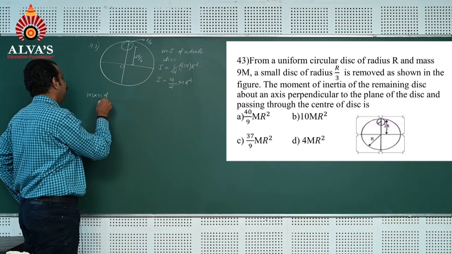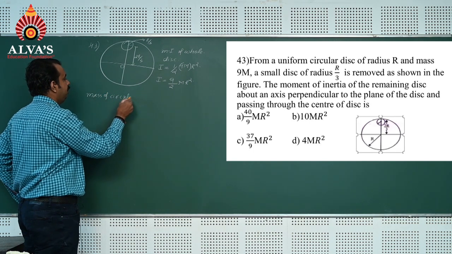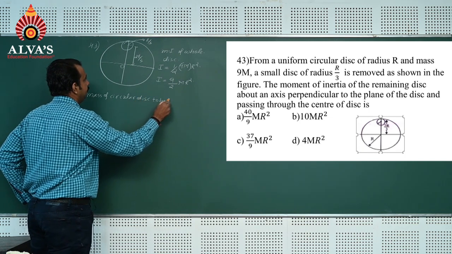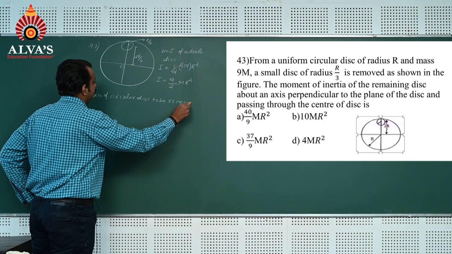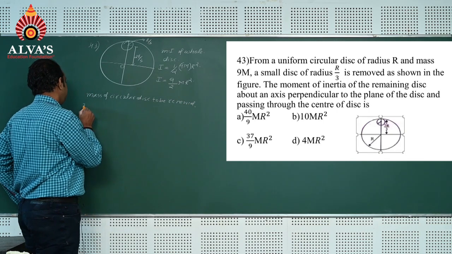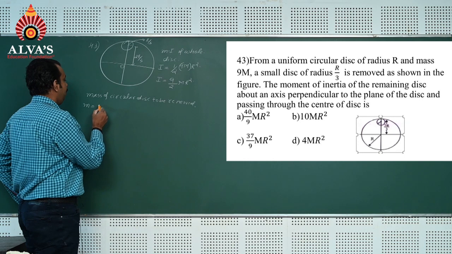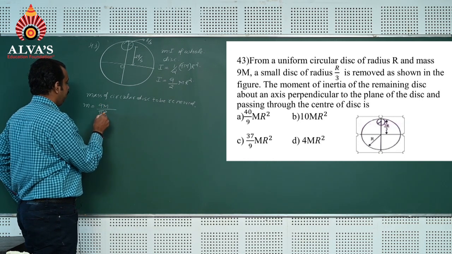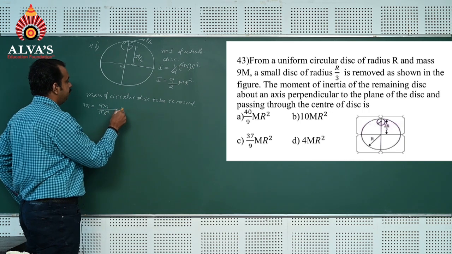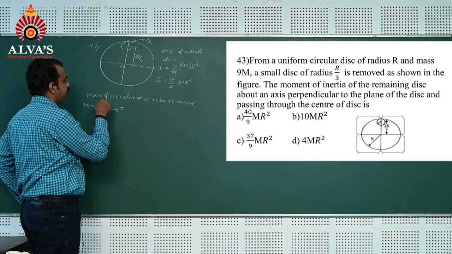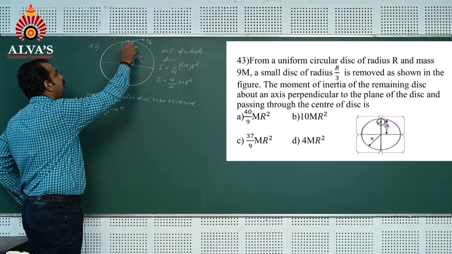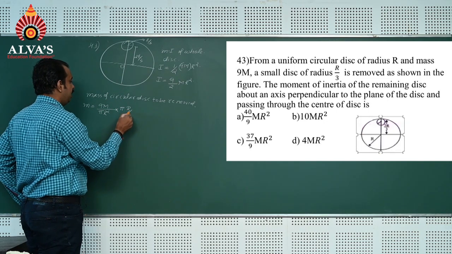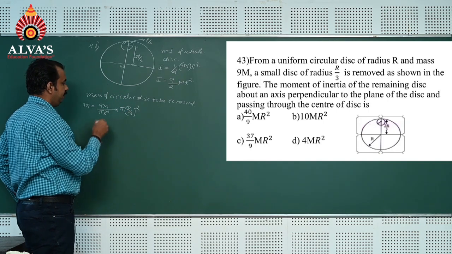Mass of circular disk to be removed, which is m, is equal to mass 9m divided by pi r square, that is mass per area, into the area of this, which gives the mass of this circular area, it is pi times r by 3 whole square.